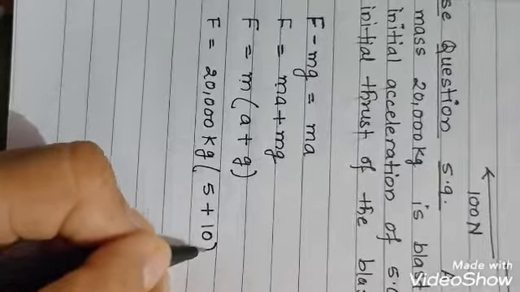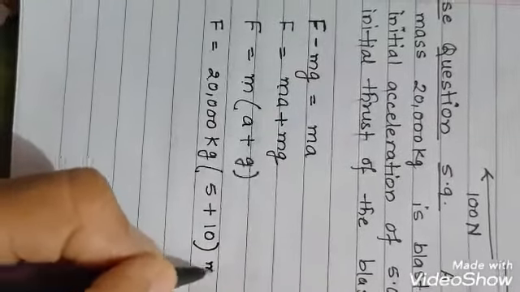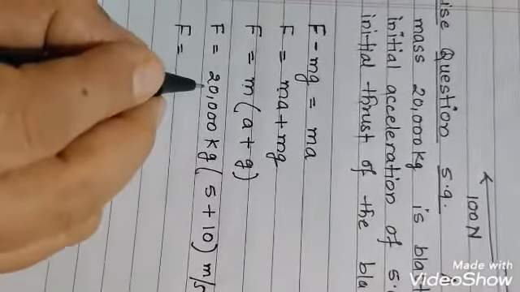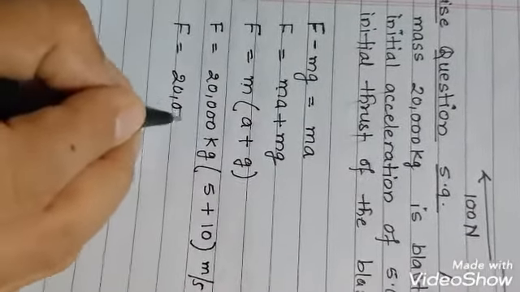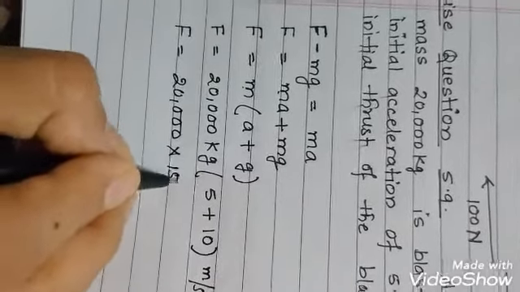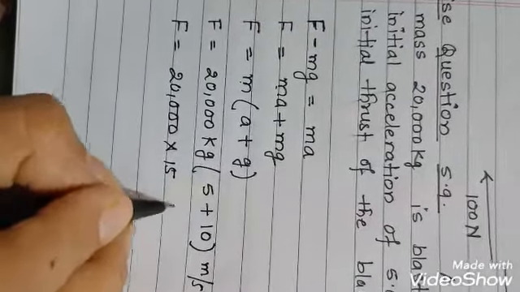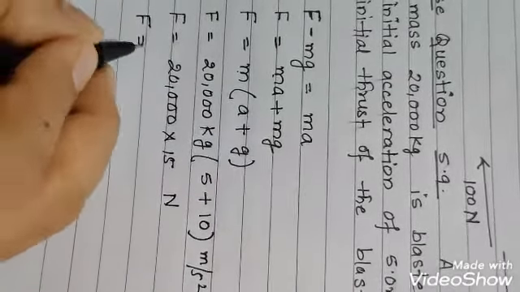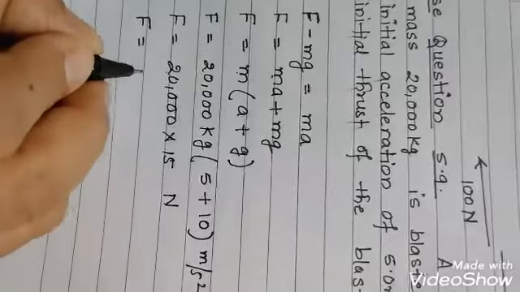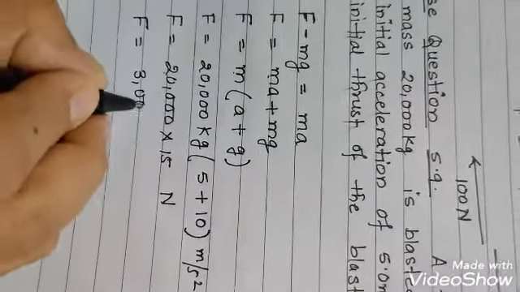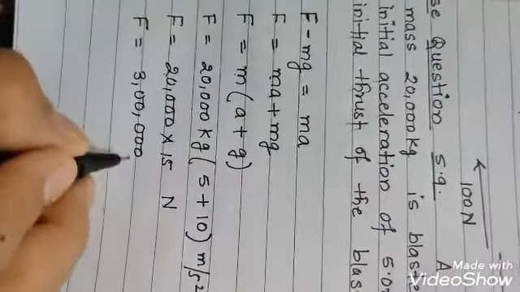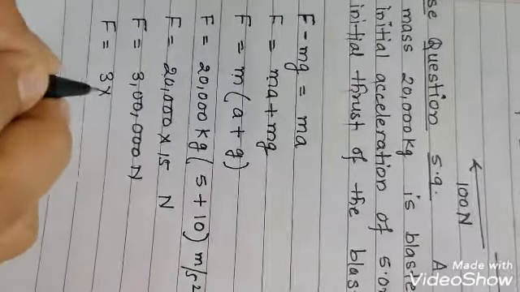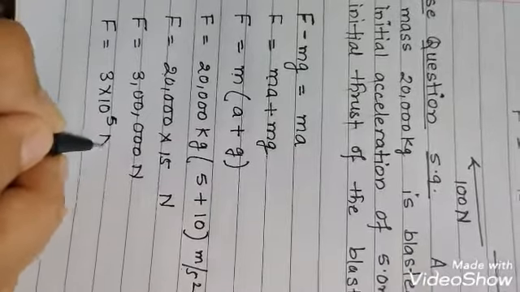Now F is equal to 20,000 multiplied by 15, which is in kilogram meter per second square, or simply Newton. 15 twos are 30, so F is equal to 30,000 Newton, or 3 into 10 to the power 5 Newton.